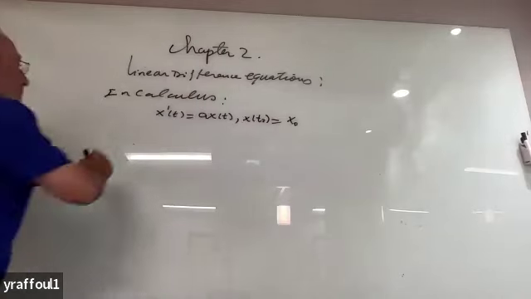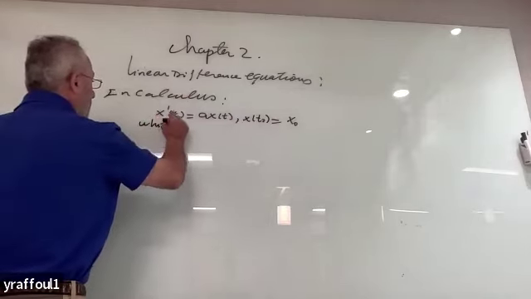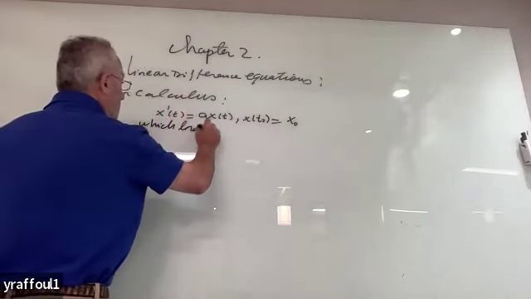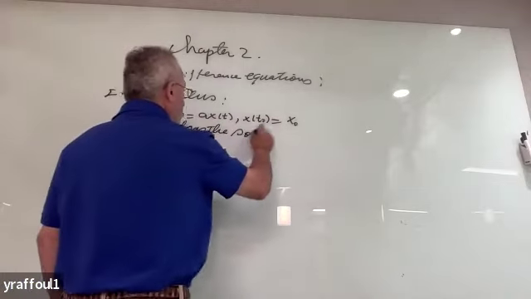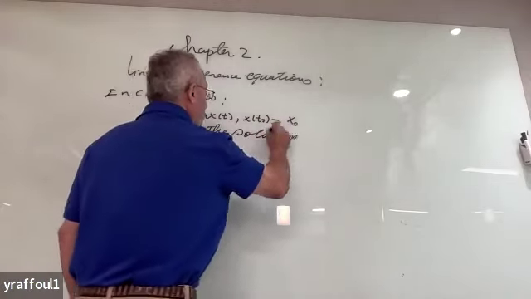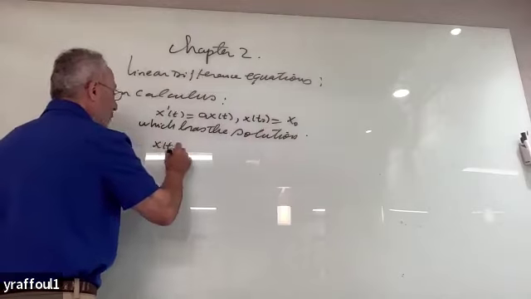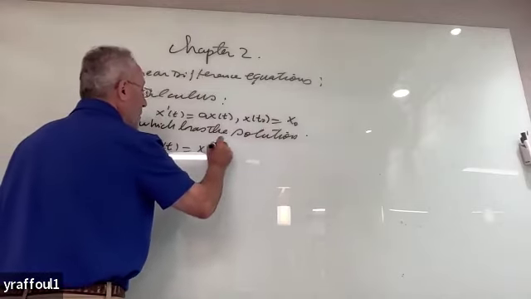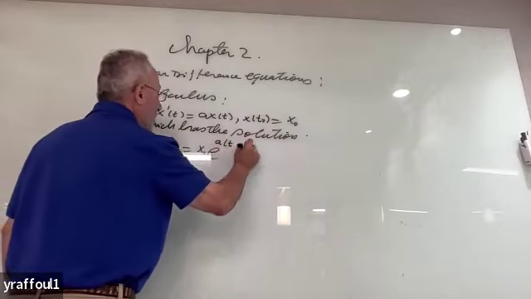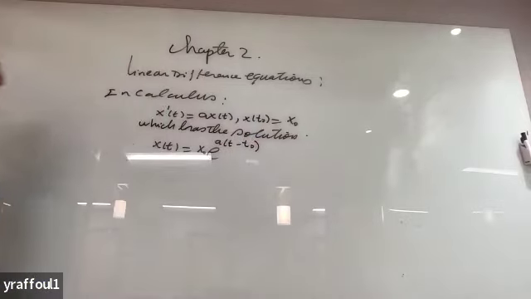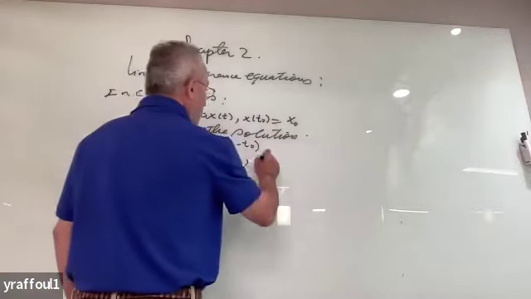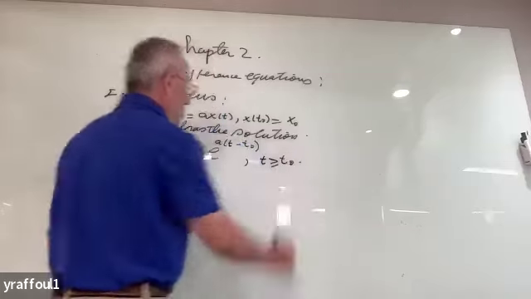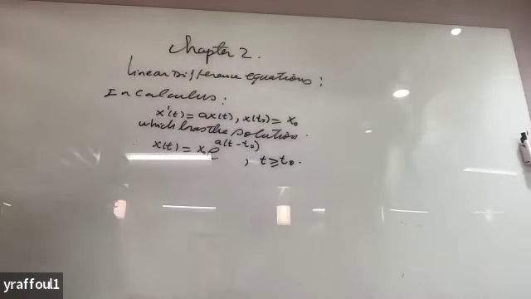And which has the solution x of t equal x naught e to the a(t minus t naught). Okay? And this is for t bigger or equal to t naught. Okay? So you've seen this in differential equations, may I say.